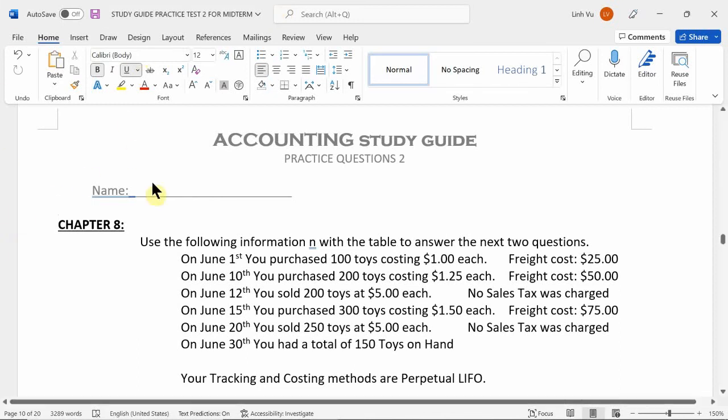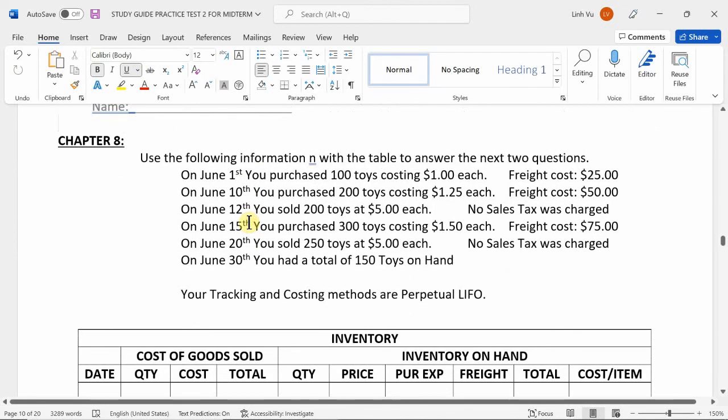So it says right here, use the following information and table to answer the next two questions. So the most important thing that you need to remember here is you need to know the tracking and the costing method. So your tracking and costing method is perpetual LIFO. So that means we're going to take last in, first out. Okay?